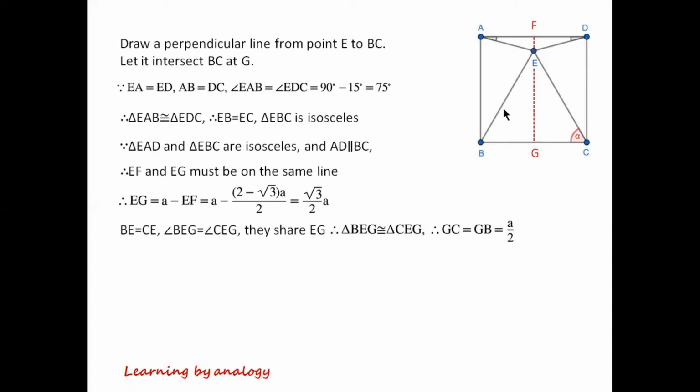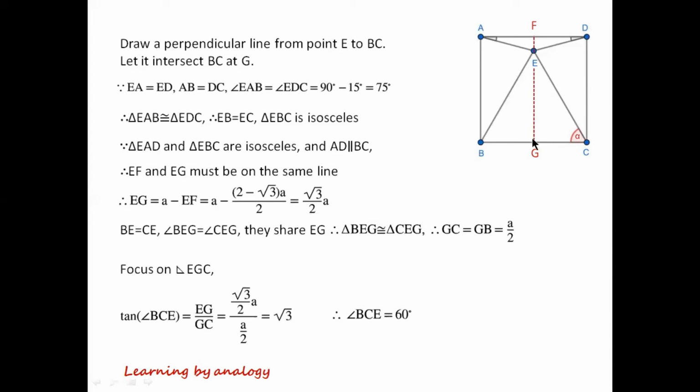BE equals CE. Angle BEG equals angle CEG. They share EG, so triangle BEG is congruent to triangle CEG. So GC equals GB equals A over 2. Focus on triangle EGC.